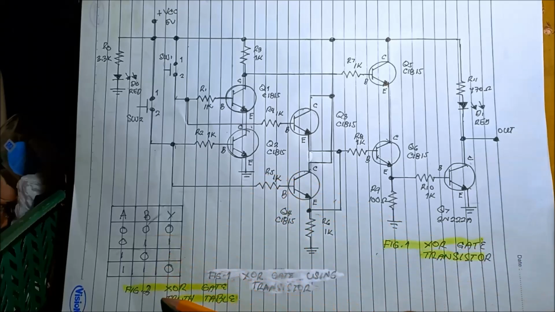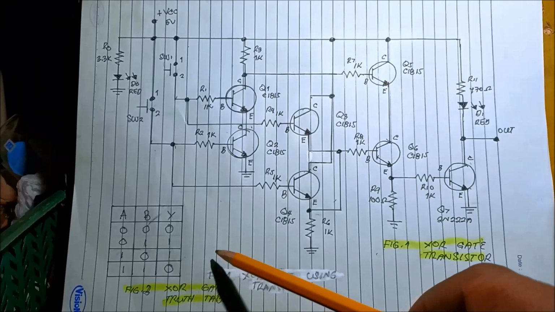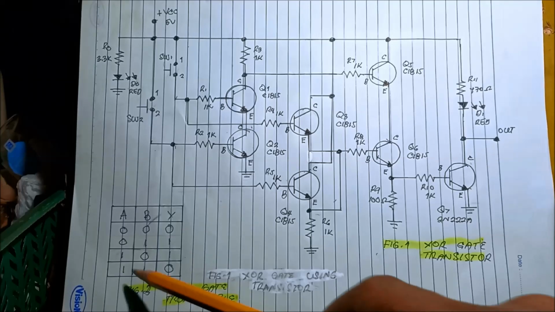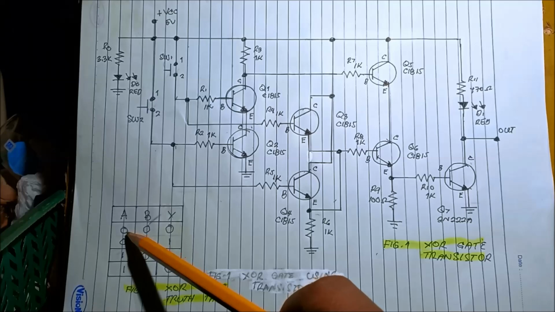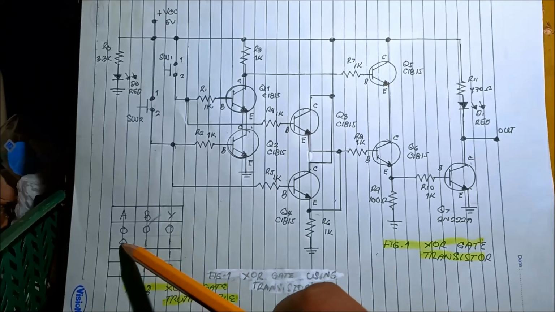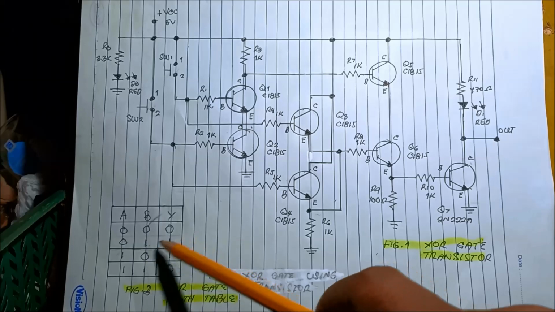We also have the truth table for the circuit. Since we are using an XOR gate, we have this truth table. If both our inputs are 0, the output is 0. If one input is 1, the output is 1.